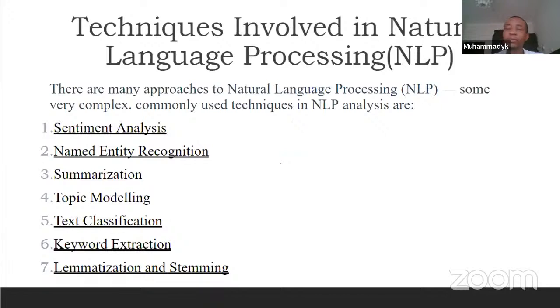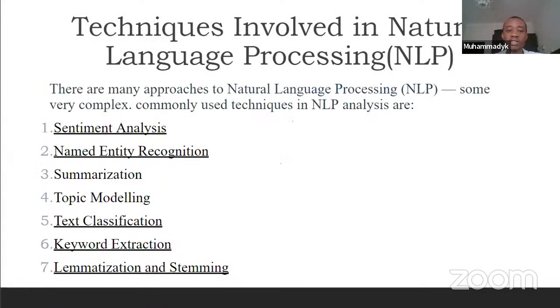You might think of different things in your head, and some may be vague, some can get complex as time goes. So part of the techniques that are common are entity recognition, summarization, topic modeling, text classification, keyword extraction, and lemmatization and stemming.